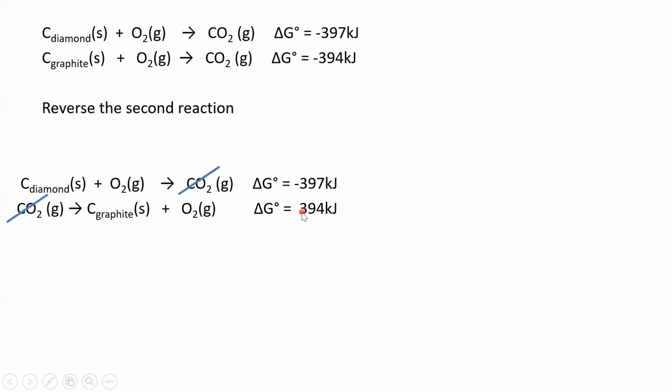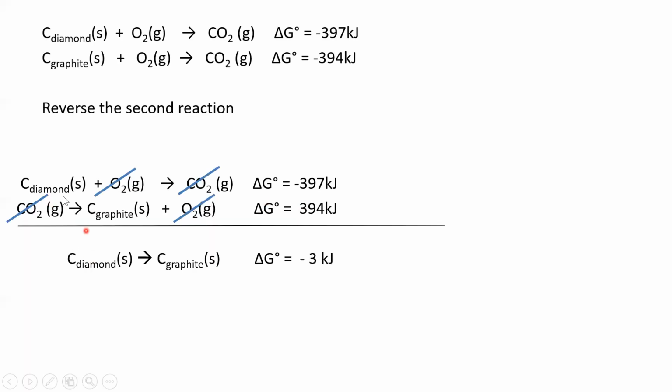Now, the carbon dioxides cancel out. That's good. They weren't in our overall reaction. The oxygens cancel out. That's good. They weren't in our overall reaction. And we're left with the reaction that we were asked for: diamond yields graphite.